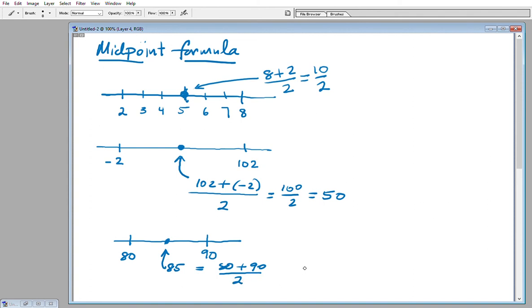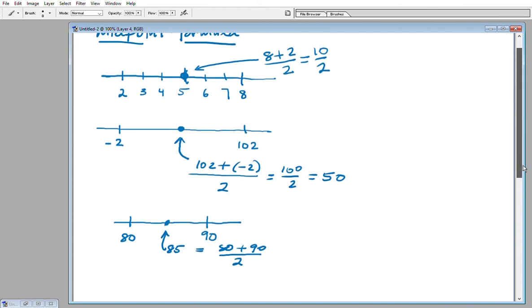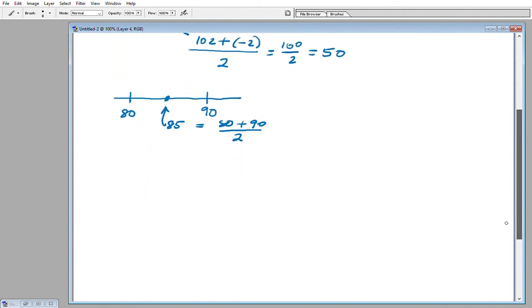So that's how we find the midpoint on a number line, and the midpoint in the coordinate plane is going to be very similar.